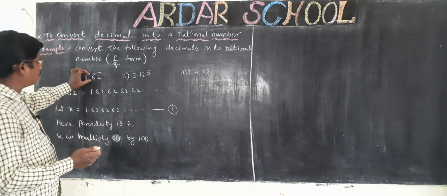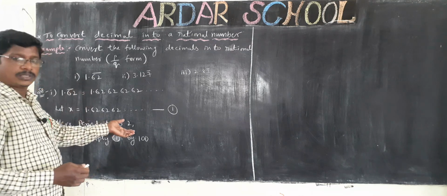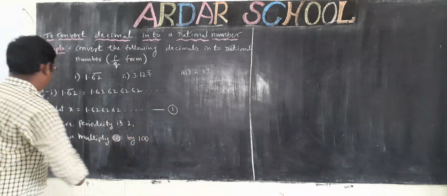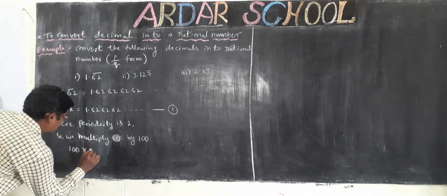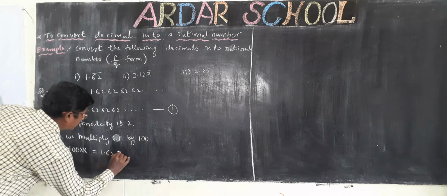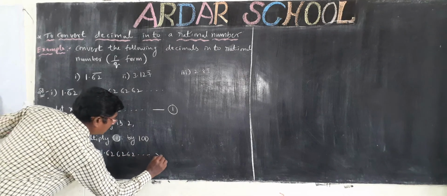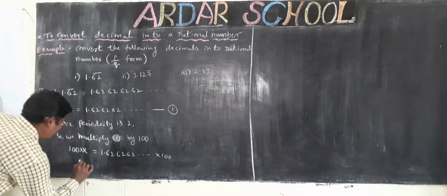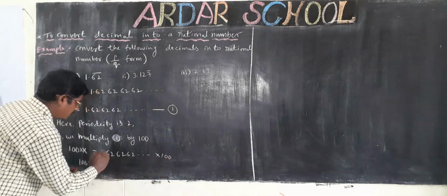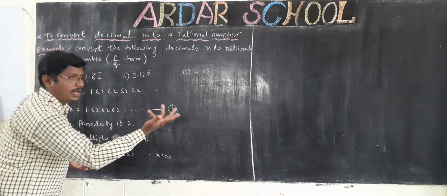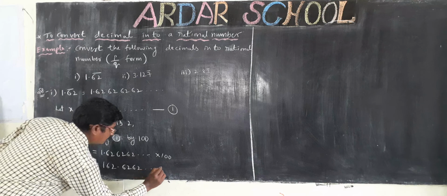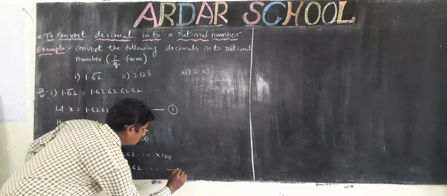Here 2 decimals are recurring, so the periodicity is 2. So we multiply equation 1 by 100. We get 100x equal to 1.626262 and so on into 100. If we multiply by 100, the decimal point moves 2 steps to the right, so that is 162.6262 and so on. This is equation 2.